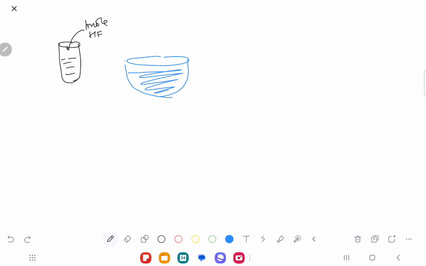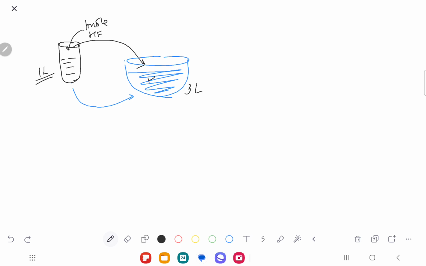Let's suppose we have a glass of water, and in that glass of water I have added 1 mole of HF. Now I take a little bigger beaker which has definitely more water than the glass, and I pour the entire solution here. So if I had 1 liter of water in the glass, I would have, let's suppose, 3 liters of water in the bowl.